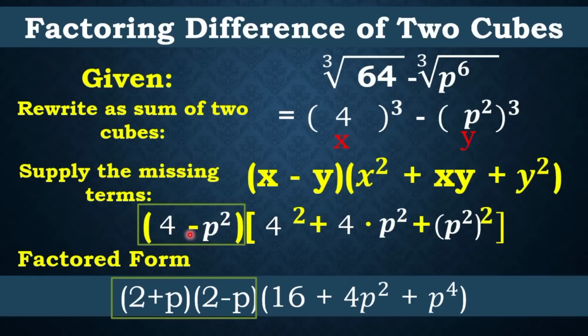So, diba, kapag difference of two squares, kunin mo yung square root nito, that is 2. Kunin mo yung square root nito, p na lang. So, p and p. And then, sum, difference. Okay? So, this is now our factored form. So, pwede pa to i-factor ha. Balikan nyo yung difference of two squares. Ito po siya.